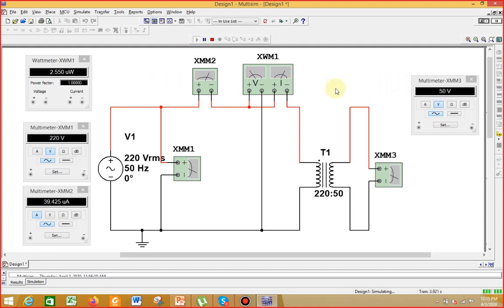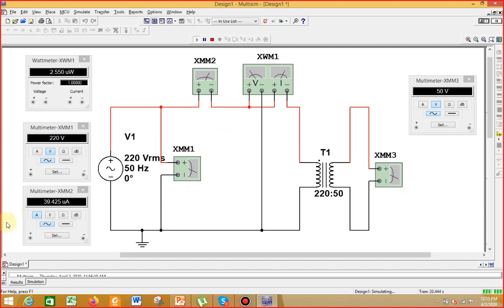So as you can see, we are supplying 220 volts to the transformer, which has been stepped down to 50 volts. As far as the transformer is concerned, there is no load on the transformer. Connecting a voltmeter means that the circuit is still open because the resistance of the voltmeter is very high. So therefore no current flows through the voltmeter.